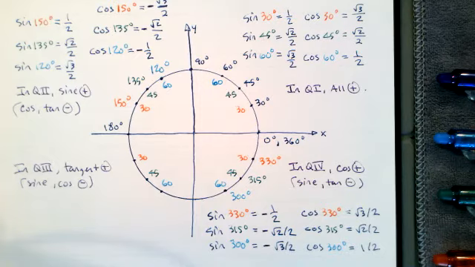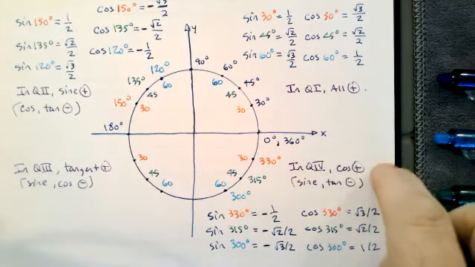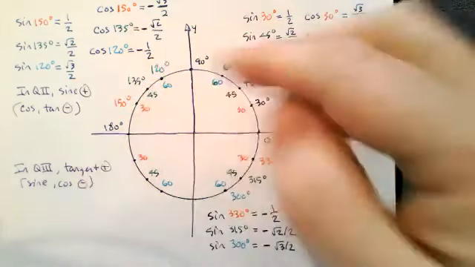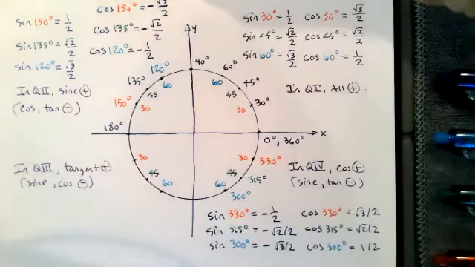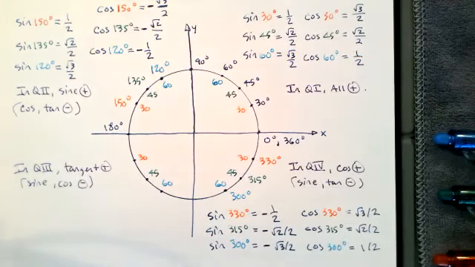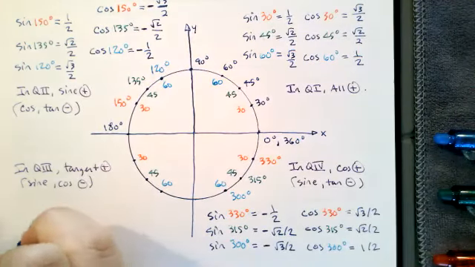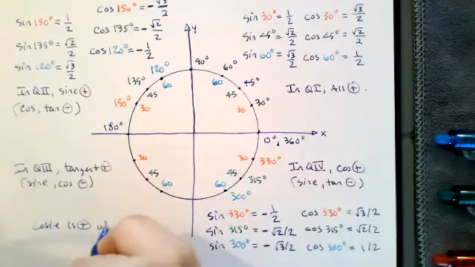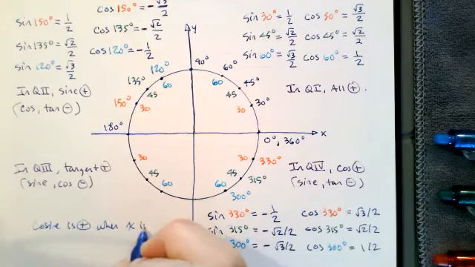Here's how you will remember those, and this is a good way to remember those. Cosine is positive wherever x is positive. Sine is positive wherever y is positive. So cosine is positive when x is positive.